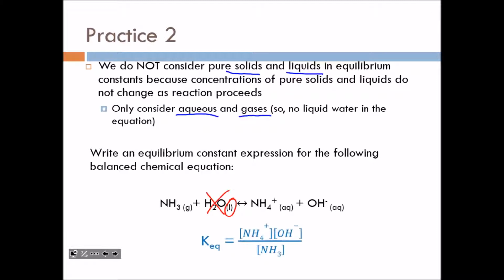We leave it out. So the only ones we do include, now once again, these are products, so they go in the numerator. They have 1 mole, so they are raised to the first power, which you don't include. And ammonia over here, that one is also raised to 1 mole, and it goes on the bottom because it's a reactant. Does that make sense? Yes, okay.